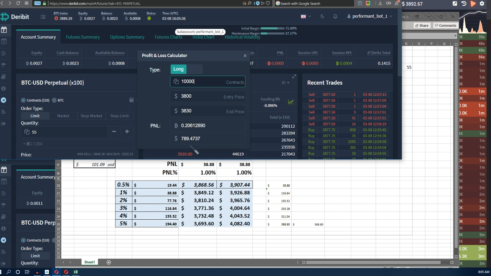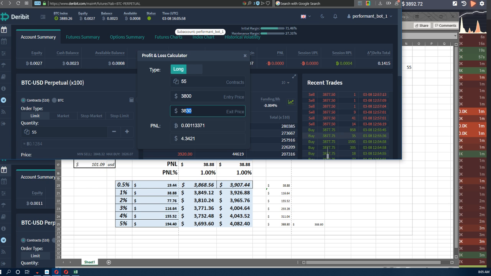You went from having 55 contracts, all right, and $4.34 rewards from a price movement of $30 up. We know Bitcoin moves $30 up and down quite often.